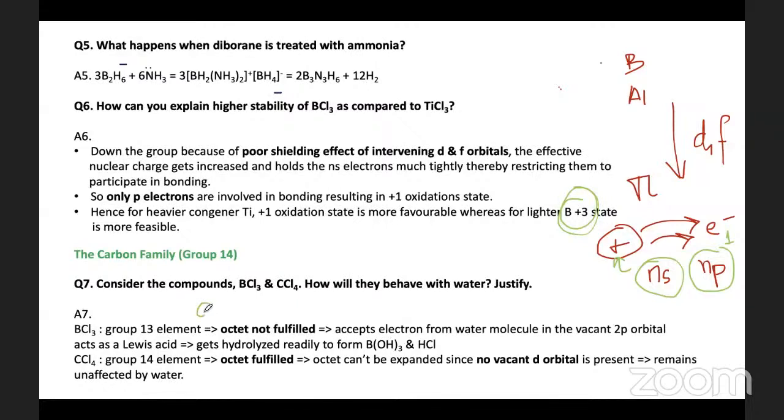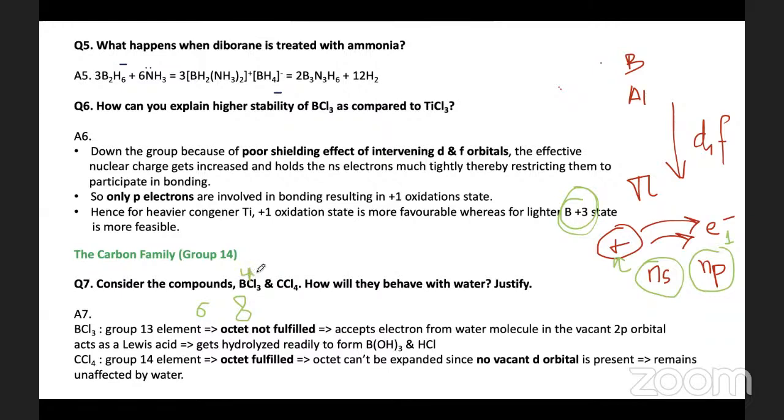Since it has only 6 electrons, it can accept electrons from the water molecule. Boron has a vacant 2p orbital, and it can accept electrons from the water molecule because it is a Lewis acid.